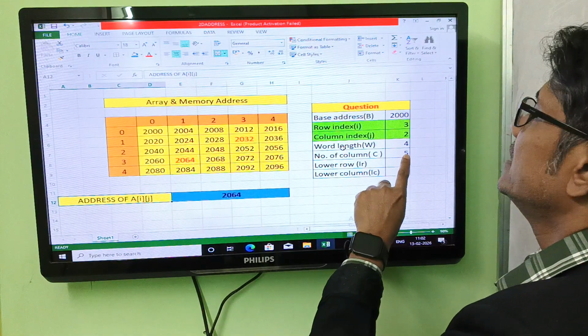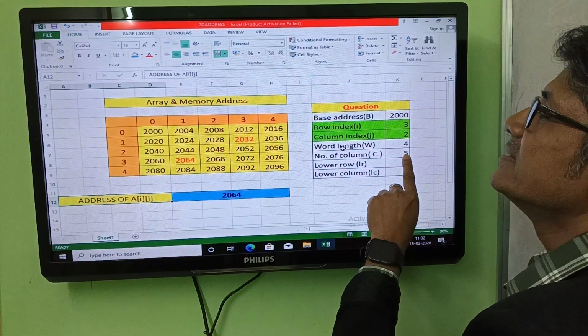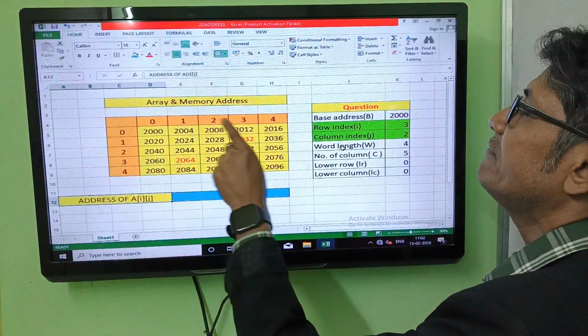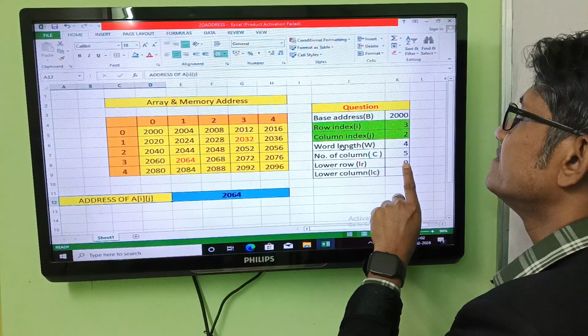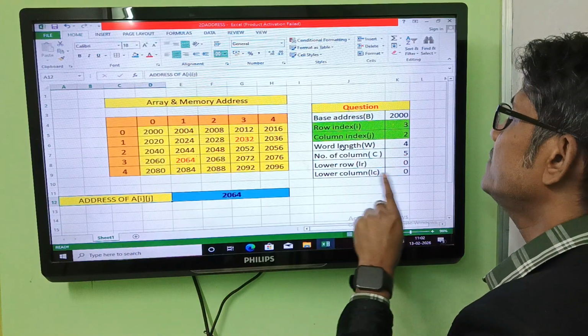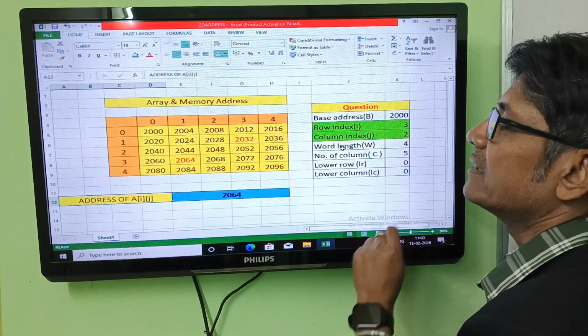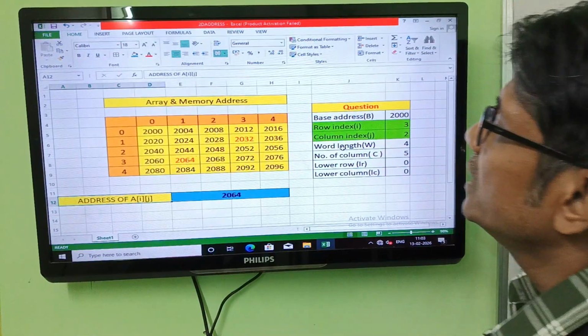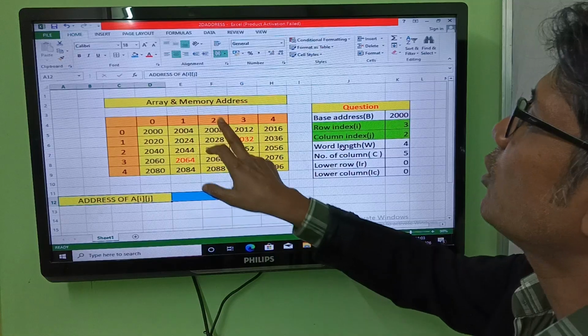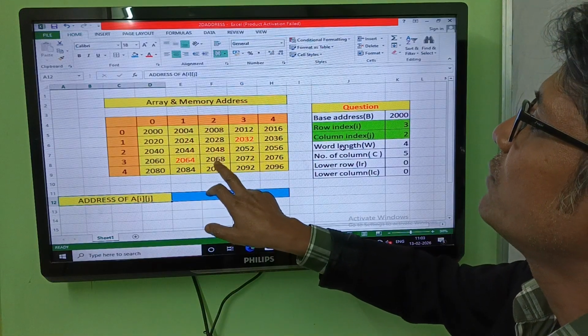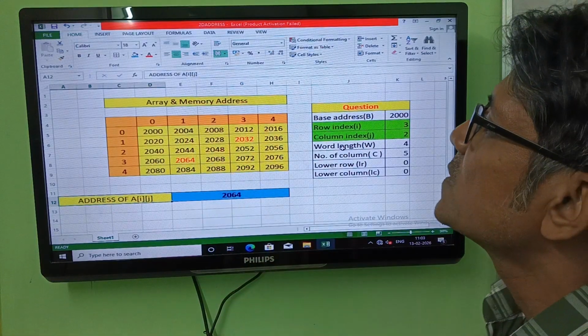Then you see the number of columns: 1, 2, 3, 4, 5. Lower row 0, lower column 0. These are given. So if you calculate as per the formula, we will get the value 2068.